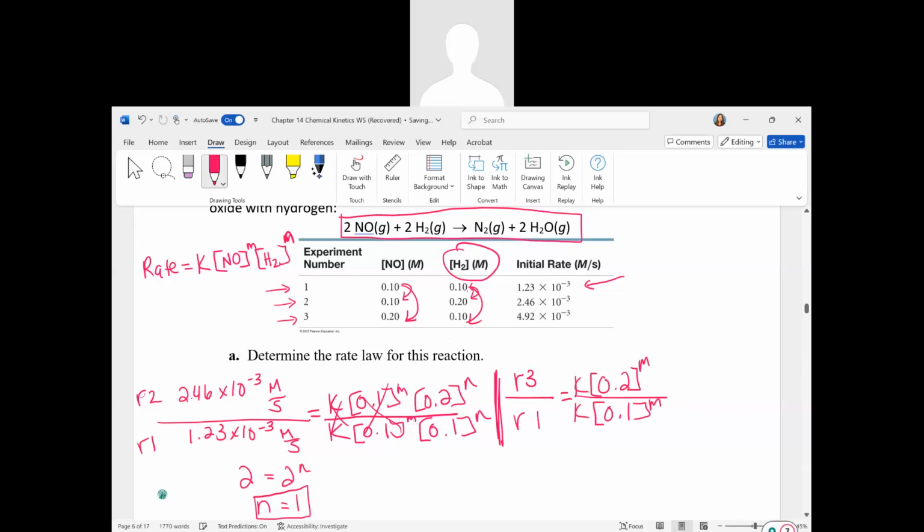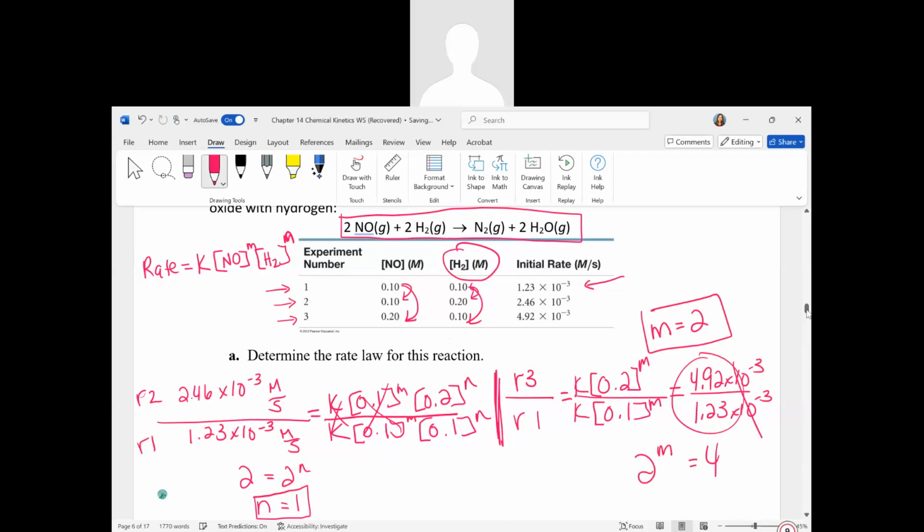And then we don't need to write H2 because we know 0.1 divided by 0.1 will cancel out as well. But we can write the rate for reaction 3 here and divide by the rate for reaction 1. So the exponents are the same. So this is really showing us 4 is equal to 2 to the m power, where m would have to be 2. So this relationship is now second order.